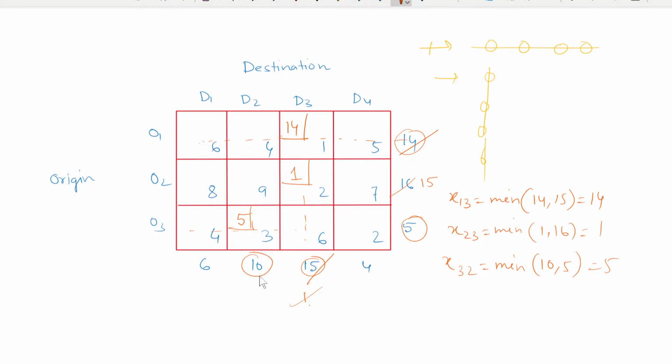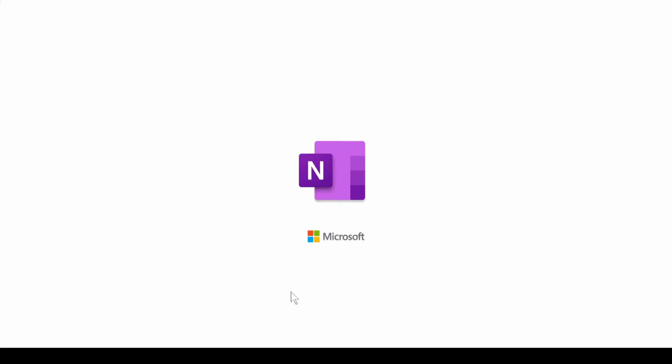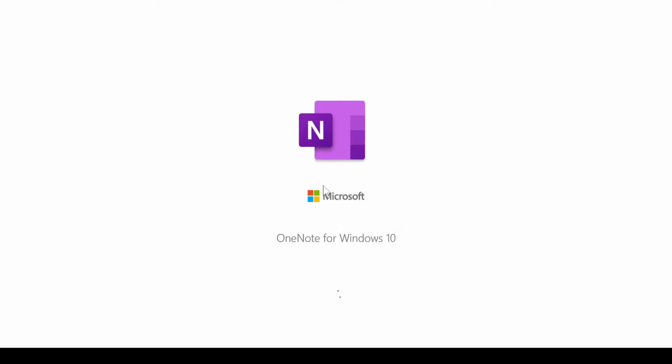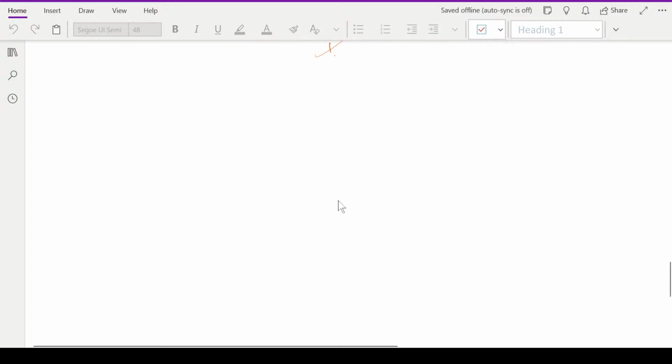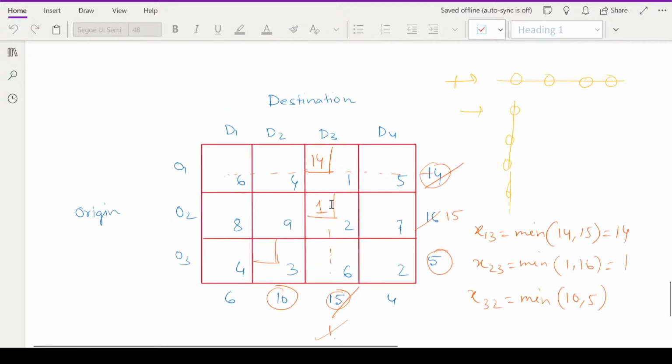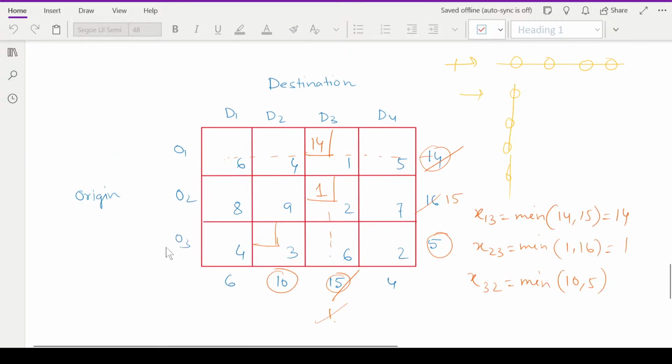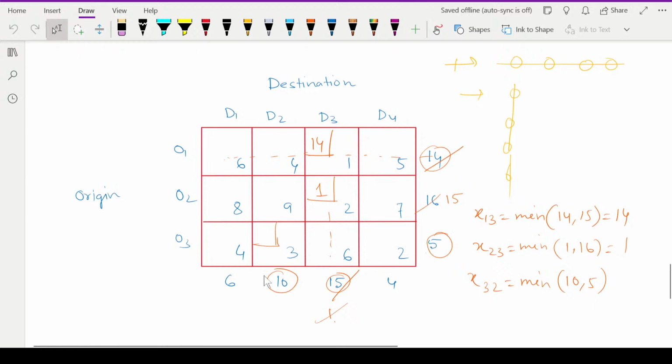The demand for destination D2 is now remaining. So here we allocate x32 equal to the minimum of 10 and 5, which is equal to 5.